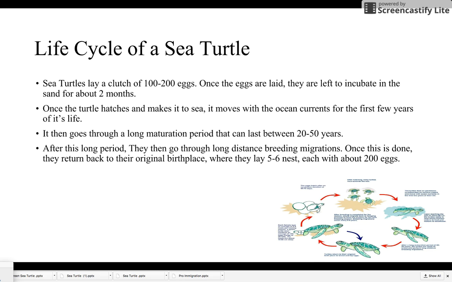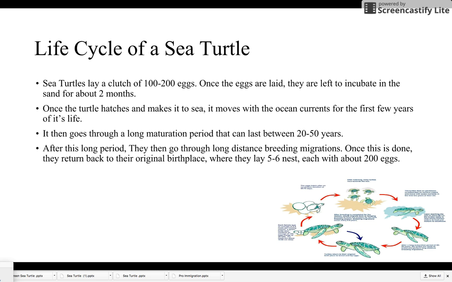Now, once the sea turtle egg hatches, it then begins the difficult journey of making it towards the ocean. Since there's no one to protect them, the sea turtles are very open to predators, and in this process, many of them are either eaten or killed, leaving only a few of them to actually make it to sea. But if they do make it to the sea, they move with the ocean current, and that's where they begin their first few years of life.